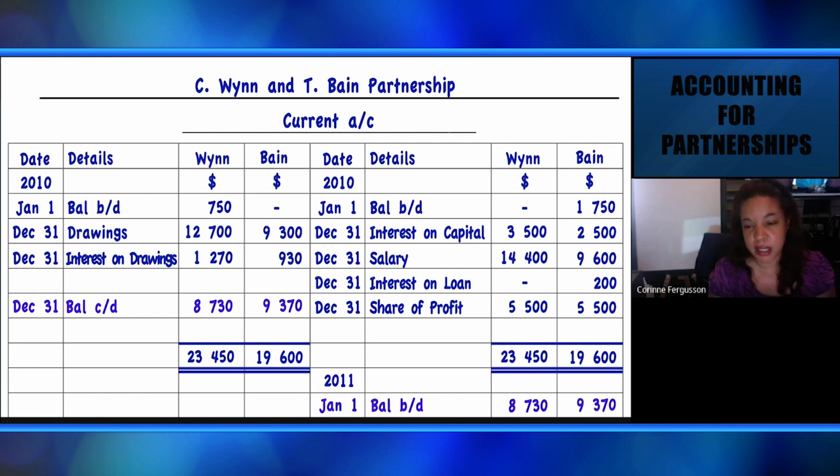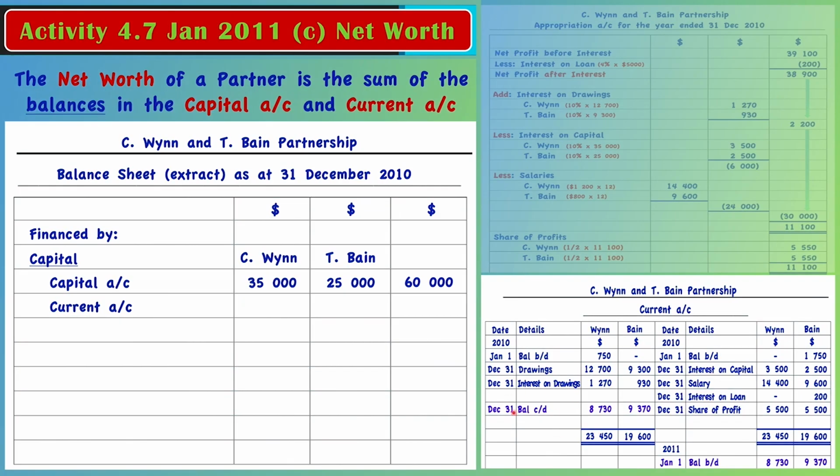So your new balance is 8,730, 9,370. So for Win, 8,730, and for Bain, 9,370. And you would total these two, and that is your answer for C.